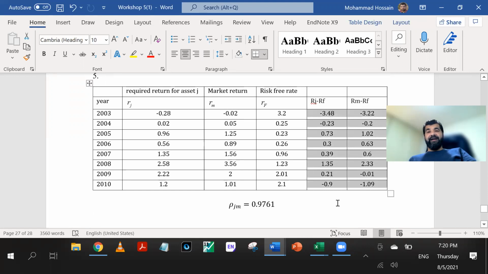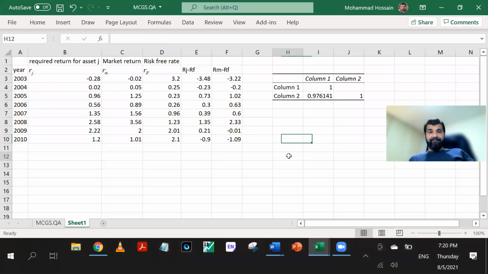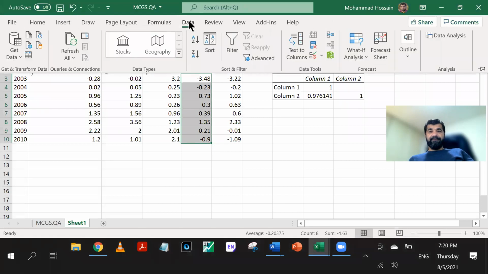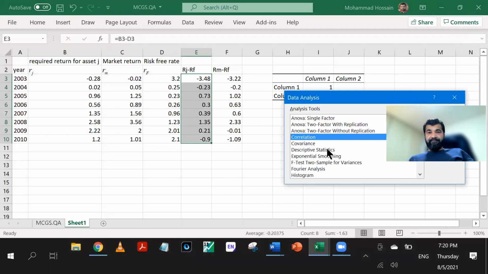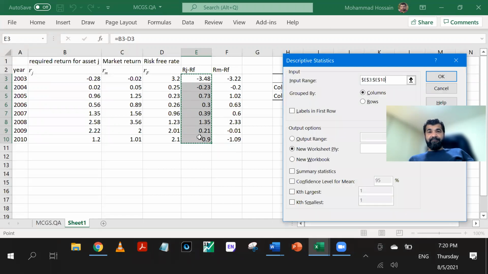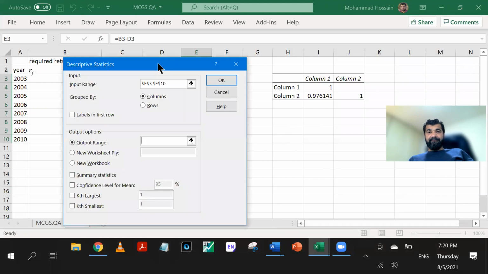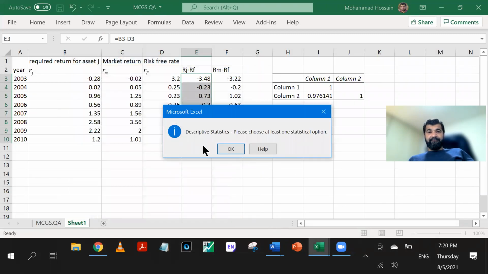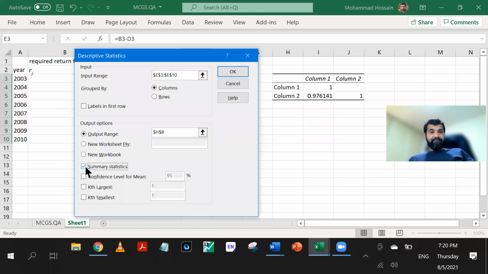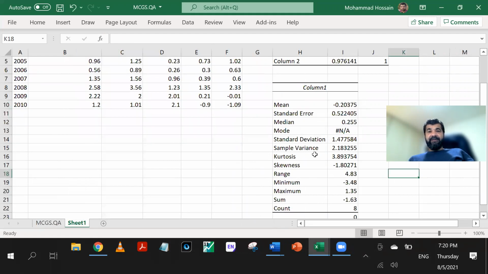Okay, this for RJ, this for RM. Summary. It's 1.4775. Okay.